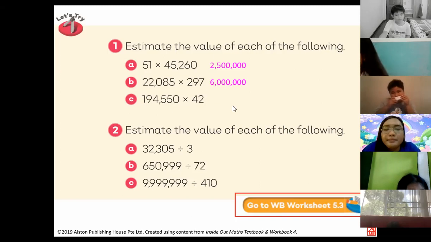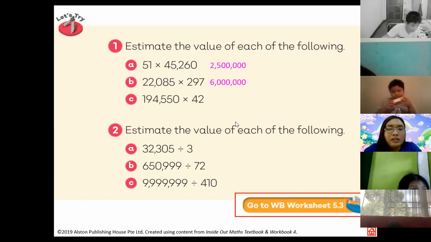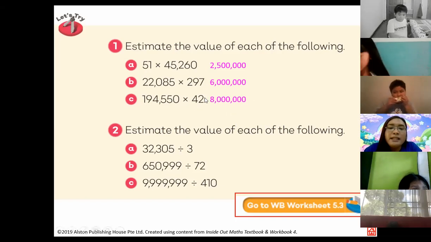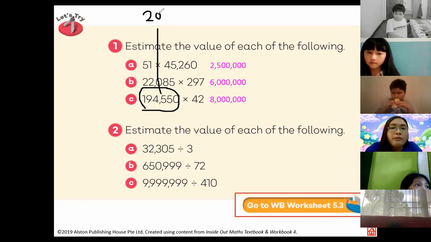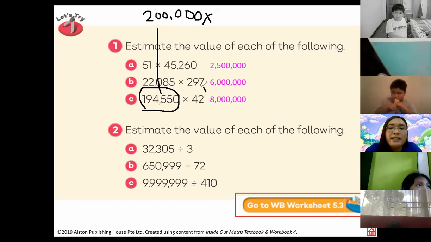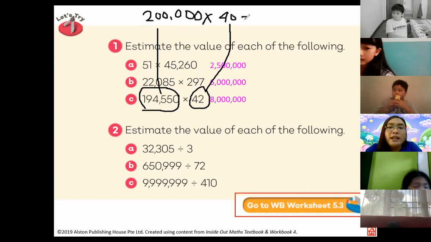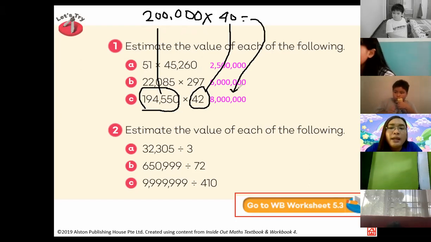Okay, Boom. 8 million. Very good. So remember 194,550, we will round this number to the nearest 100,000. So that's 200,000. Then 42, the nearest 10 is 40. So if you multiply 200,000 by 40, that equals 8 million.